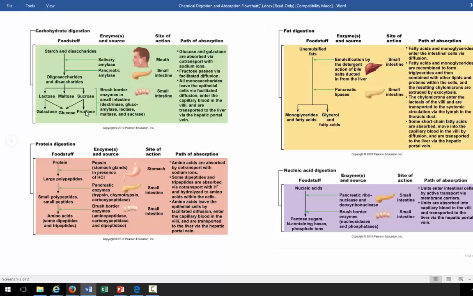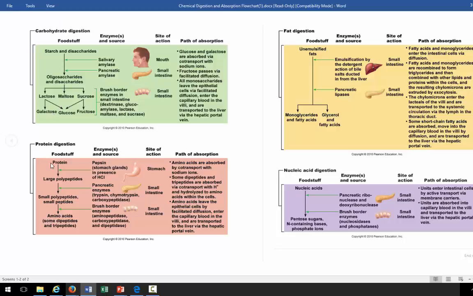Starch and disaccharides are going to be broken down into those monosaccharides, right? Fructose, glucose, galactose, those are the monosaccharides. That's the end product. Once all the digestive enzymes have done their job, this big long starch molecule is going to be these tiny little monosaccharide sugar units.